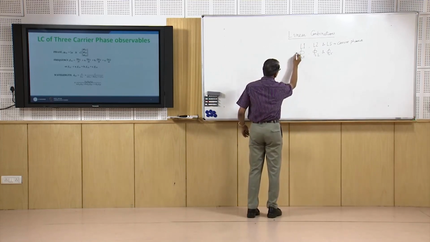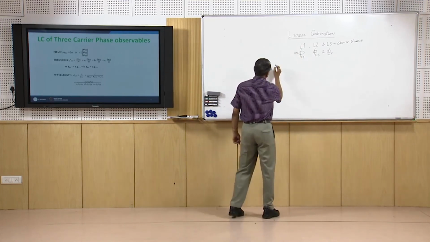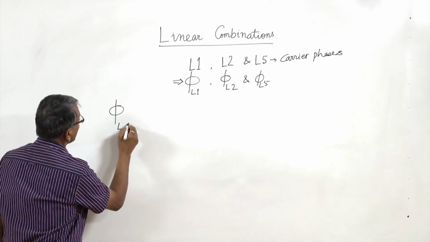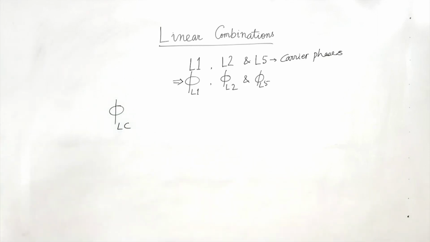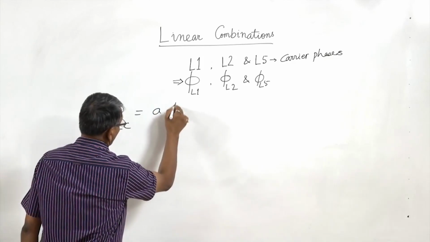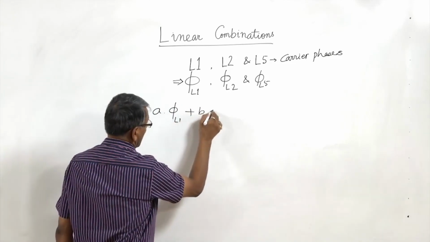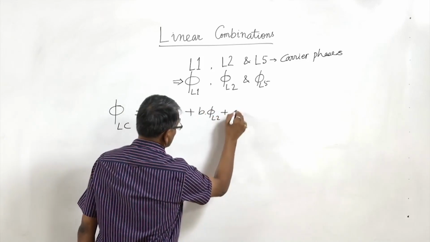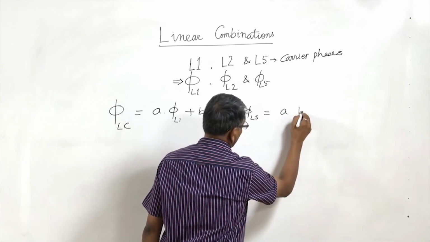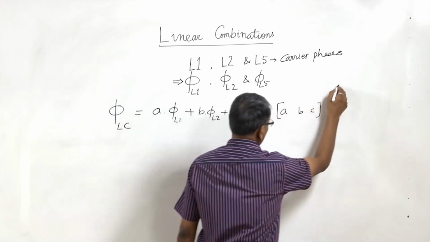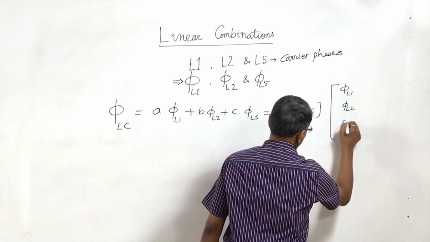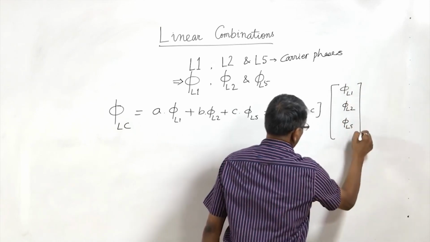Now if we combine these 3 together, suppose we get a carrier signal of linear combination type having phase phi LC, which can be represented by A into phi L1 plus B into phi L2 plus C into phi L5, which may be represented mathematically like so.